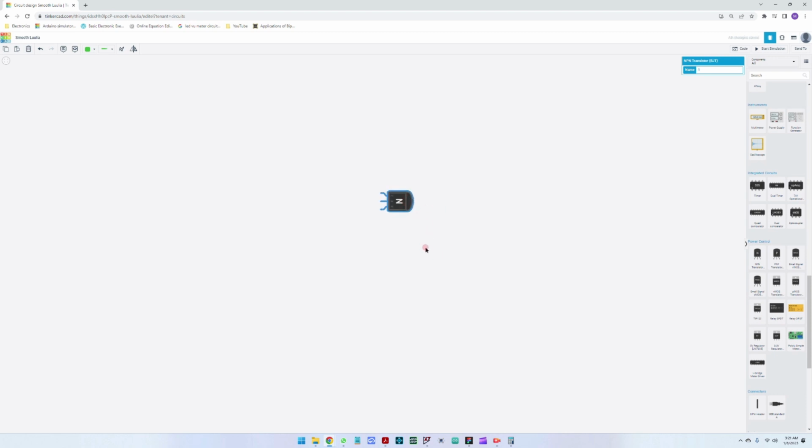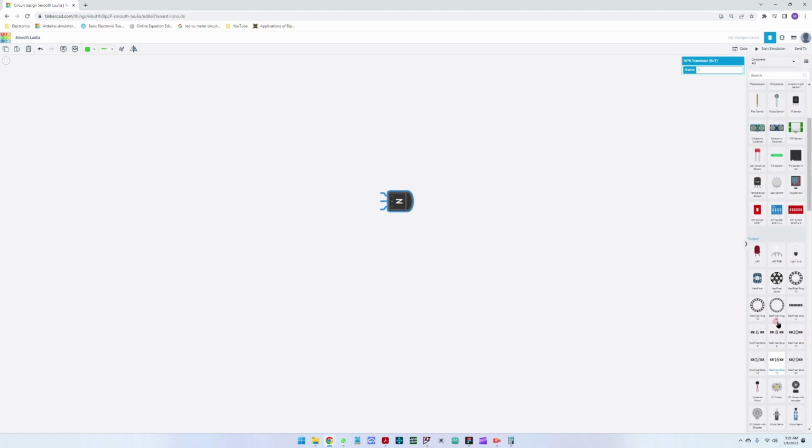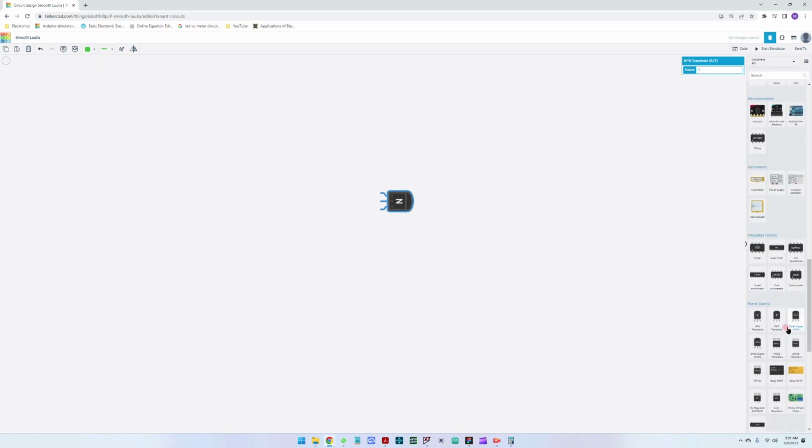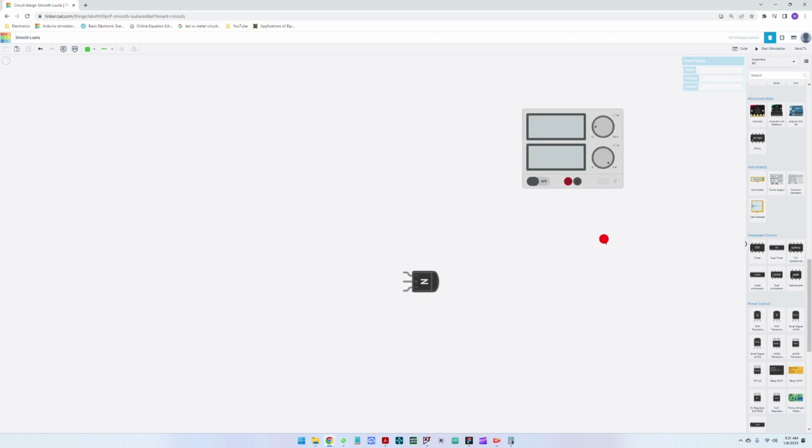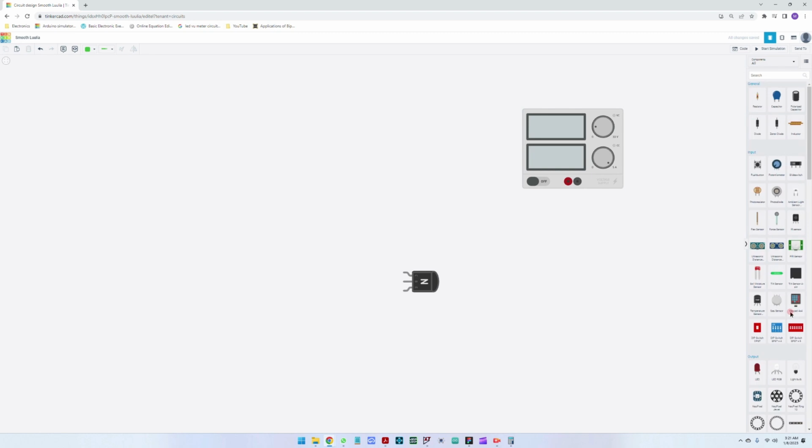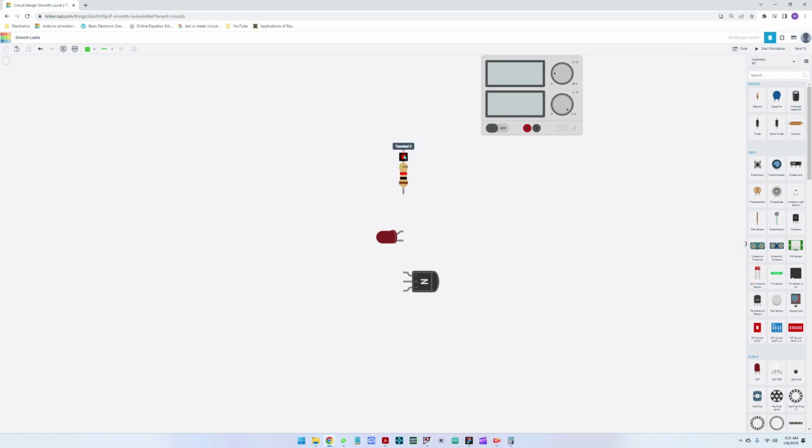So let me rotate this component a bit with the R key on the keyboard, and let's take a power supply, just so that we supply the circuit. And then let us take a resistor and a LED. The LED we supply from anode to cathode, so I'm going to rotate it that way, and let's connect the resistor with the LED and with the transistor together.